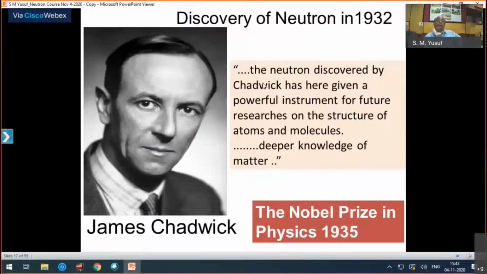You have to appreciate how they could foresee the use of neutrons: that the neutron discovered by Chadwick has given a powerful instrument for future researchers on the structure of atoms and molecules. This is part of the Nobel citation for Chadwick's discovery of the neutron in 1932, followed by 1935. And you see that the actual utilization of the neutron came much later. I'm going to that.